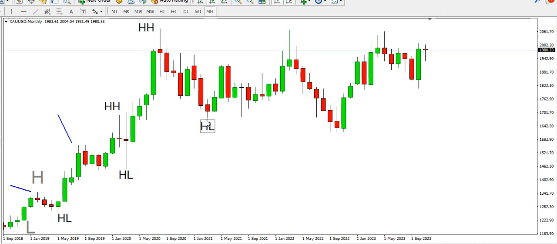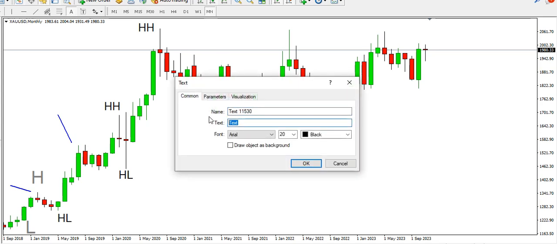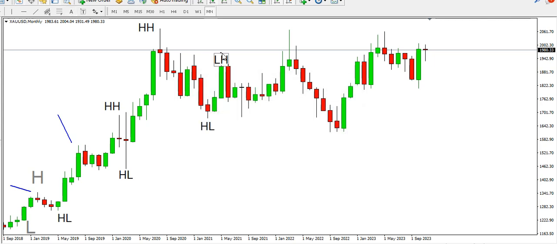All right, now do we have two successive? Yes, we have two successive bullish candles, so we can now call this lower high. This is our lower high. The reason why we're calling it lower high is this particular high is lower than this particular high.